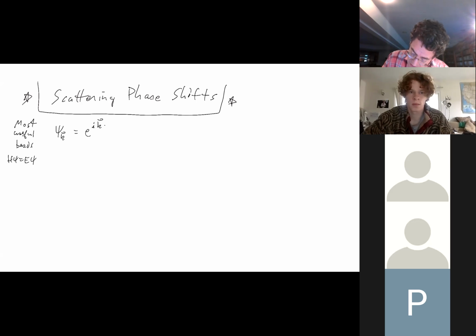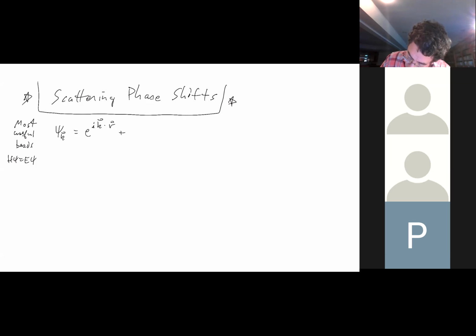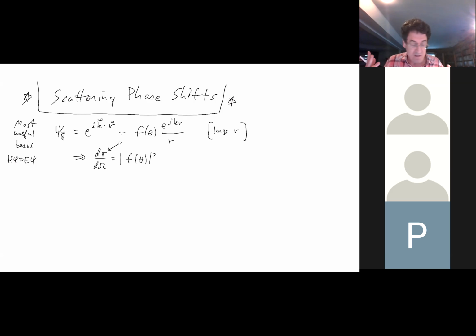We have an infinite plane wave, and then we have our scattered wave, f of theta, an outgoing spherical wave, which we see for large r, far from the scattering potential. And we love this because the differential cross-section, the most important physical quantity that we measure experimentally, is simply the scattering amplitude squared. So there's this beautiful relationship between differential cross-section and the wave function.